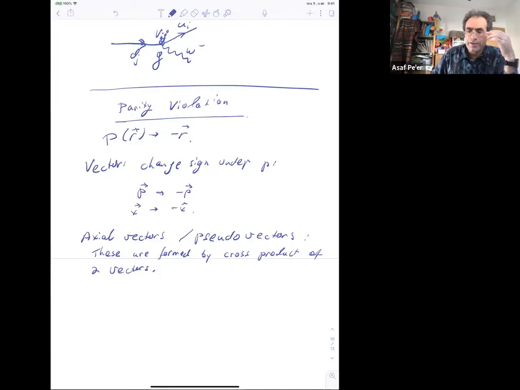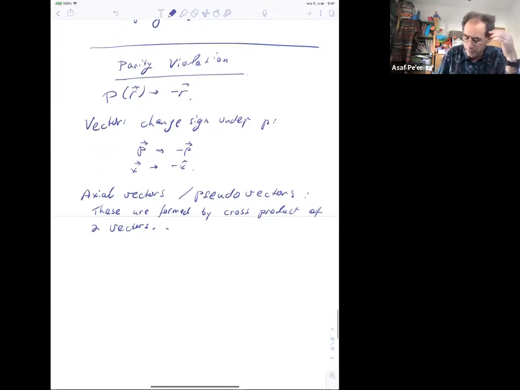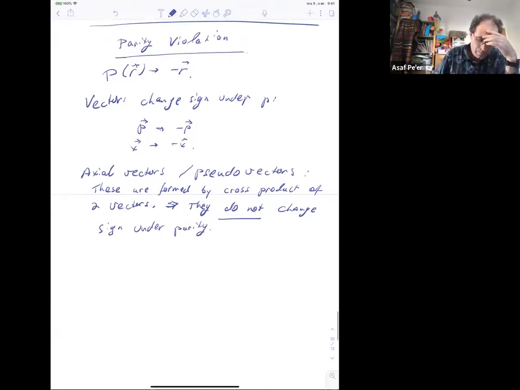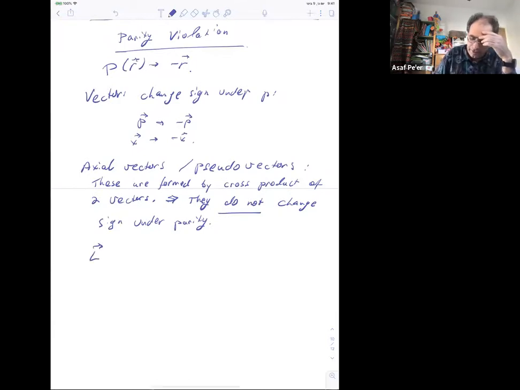They do not change sign. L, for example, is r cross p.